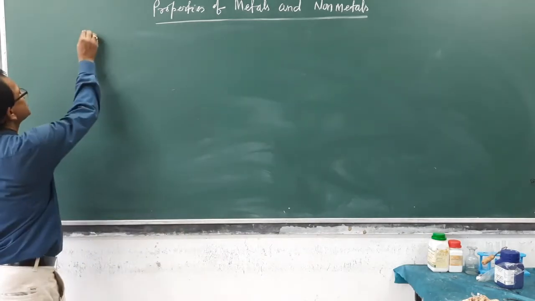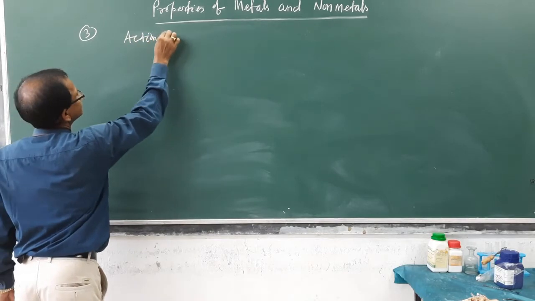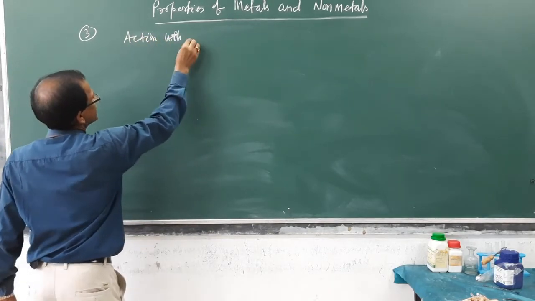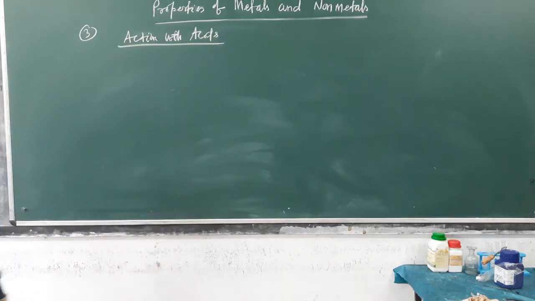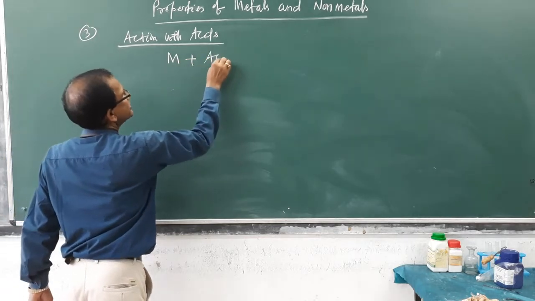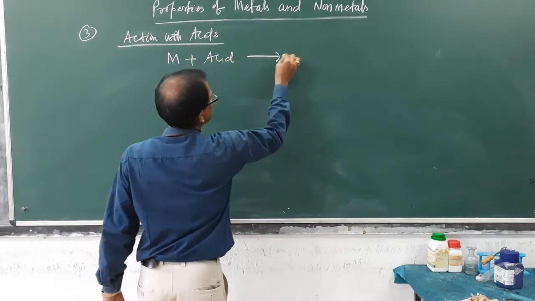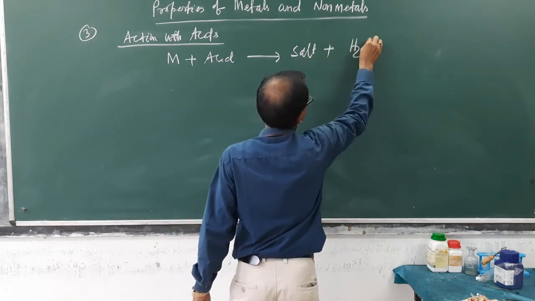Next, third property, that is action with acids. We know metal reacts with acid to produce salt and hydrogen gas.